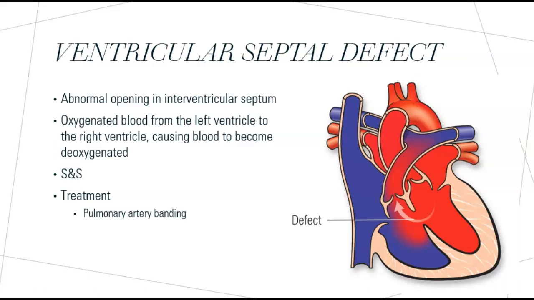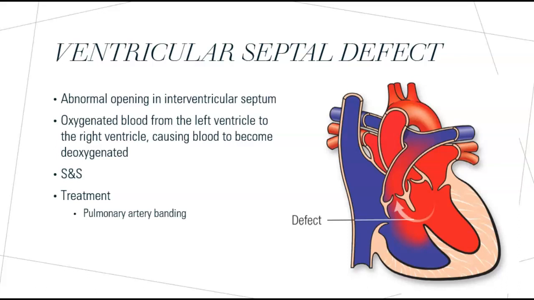Signs and symptoms are going to be symptoms of heart failure and a loud, harsh systolic murmur and a palpable thrill. Treatment: about 50% of these septal defects are going to close spontaneously, but if it remains open, then they will need open heart surgery to correct it.